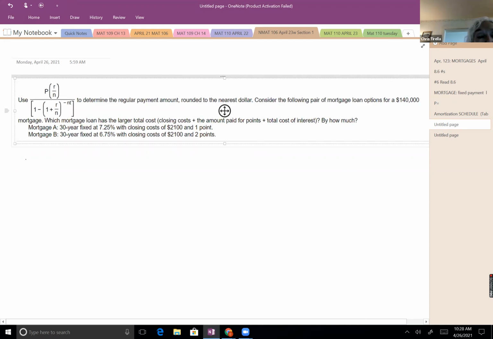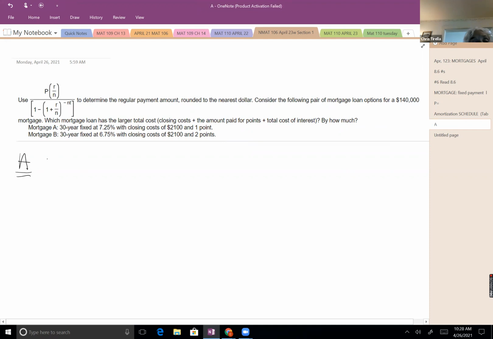And so first, let's look at mortgage A. A is 30 years, so T is 30. The rate is 7.25%, which would be 0.0725. And again, you can tell that this is a slightly older question because the interest rates are a bit higher.